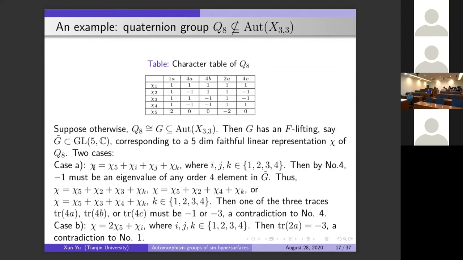The first case is chi_5, the 2-dimensional irreducible representation, plus the remaining i, j, k. i, j, k are 1-dimensional irreducible representations. Or case B is you have 2 times chi_5 plus 1 remaining one, which is 1-dimensional. chi_5 must be involved because Q8 is a non-abelian group.